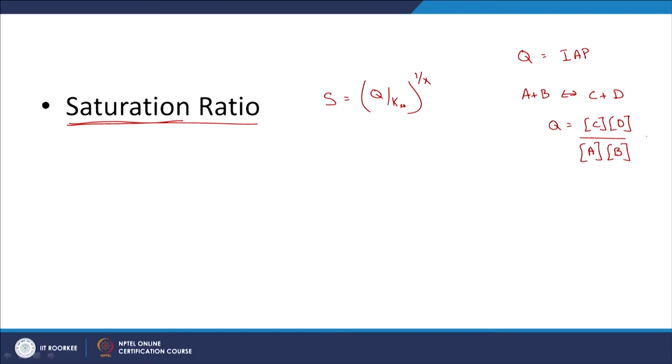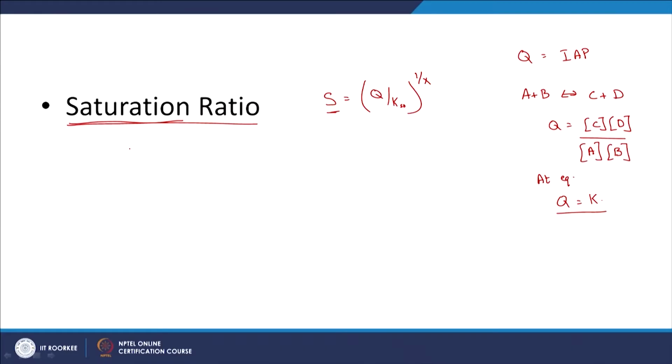But this is not at equilibrium. If the system is at equilibrium, Q will be equal to the equilibrium constant. Anyway, Q is the ion activity product, which we discussed earlier. I am just trying to refresh your memory because it has been quite some time.